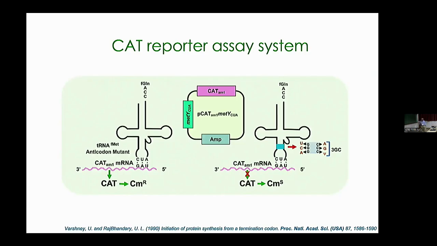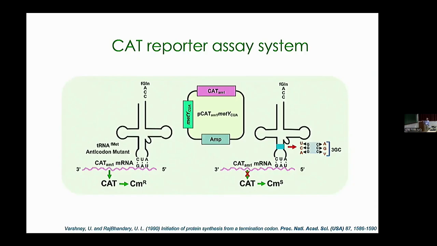When we take this tRNA, it does not initiate from the UAG codon, and the cells become chloramphenicol sensitive. If you look at aminoacylation and formylation, there is absolutely no difference compared to this tRNA. So it is aminoacylated and formylated just as efficiently as this one, yet it is not able to participate in this type of initiation.